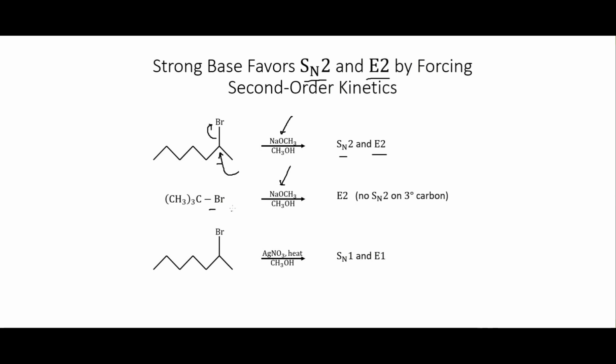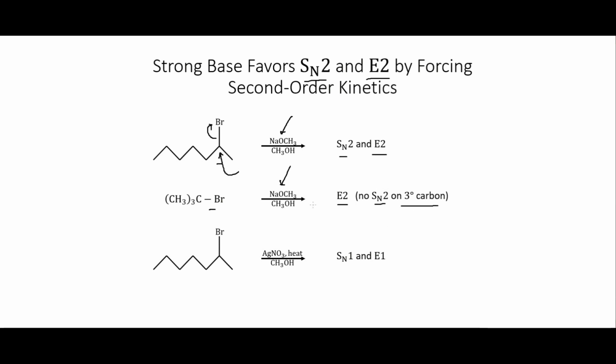Whereas on the tertiary, there's more steric hindrance that will block the nucleophile from getting in. And so we're going to get E2 on here. The SN2 is not going to perform well on the tertiary carbon because of that steric hindrance.